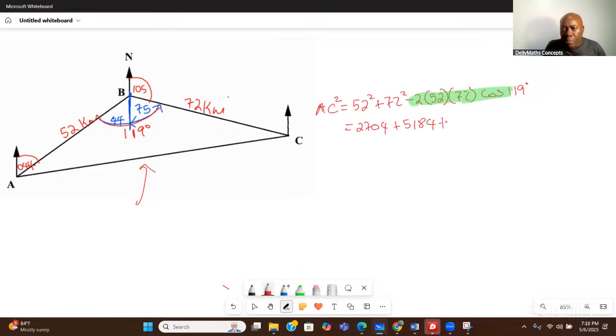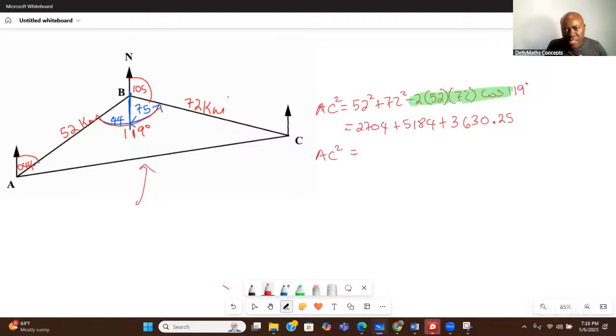And you're going to get a positive number here. You should get a positive 3630.25. Confirm with me. So all we're going to do now is add them up.